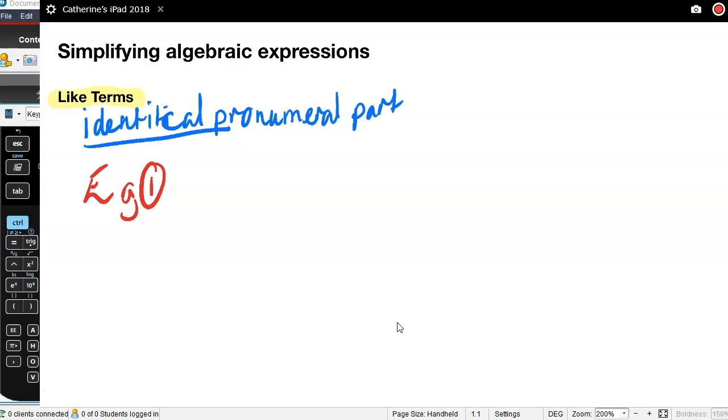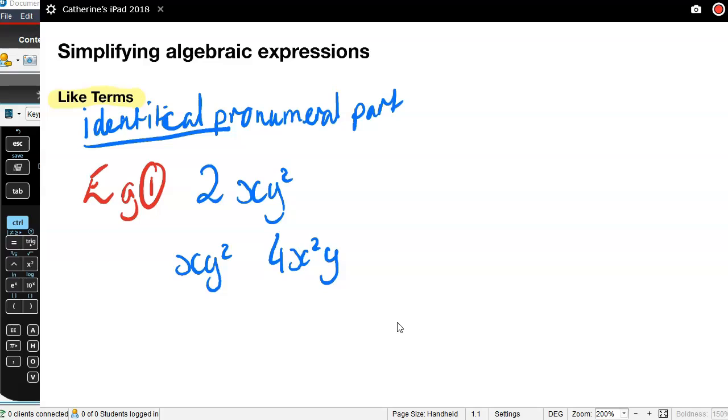So if I had 2xy squared, which of the following are like terms? yx squared, 4x squared y, 3y, negative 4y squared x. Okay, so which of these are like terms?